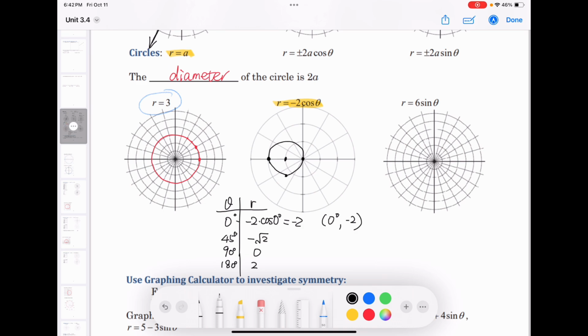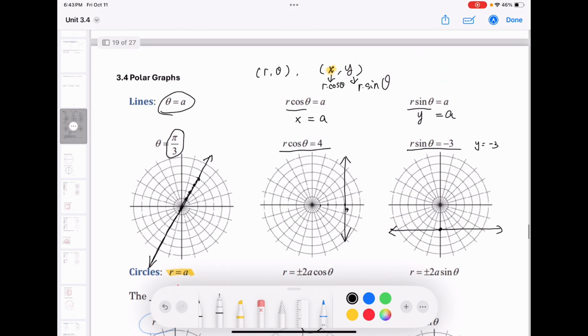And the center is here. What is the diameter? The diameter is 2, because we can count 1, 2. So the diameter is also 2, which is the 2 in front of the cosine theta. And you can tell that if I have the cosine part, that means something related to the x-axis, because we know from the previous part that x is equal to r times cosine theta.